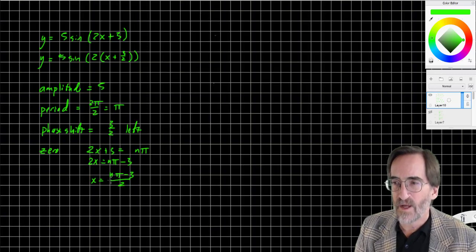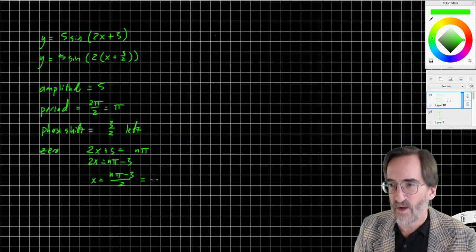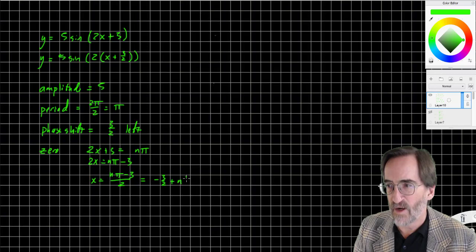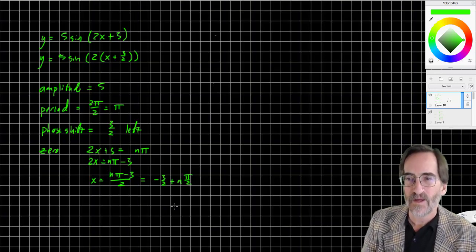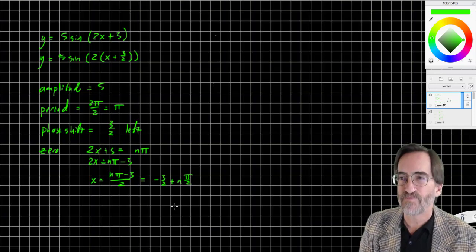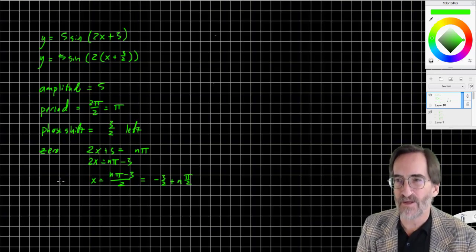So if I rewrite this, it's negative 3/2 plus any multiple of pi over 2. Any multiple of pi over 2 is where the zeros are. Okay, so hopefully that makes sense.